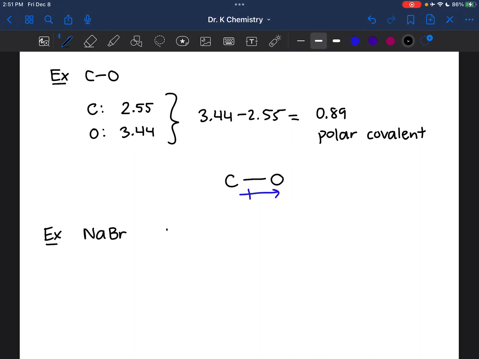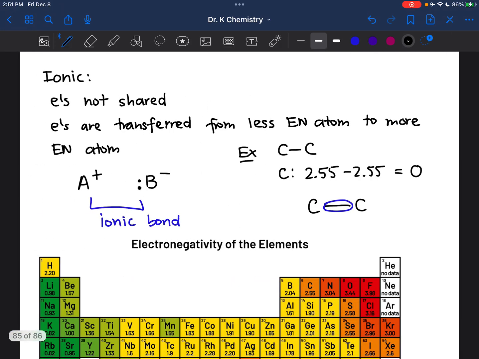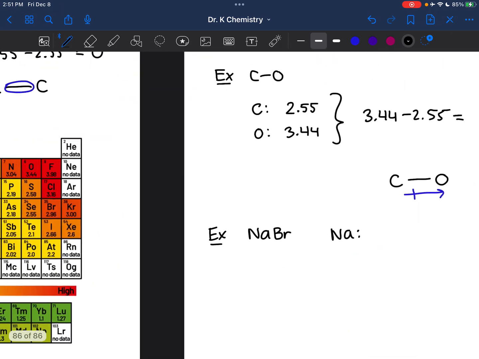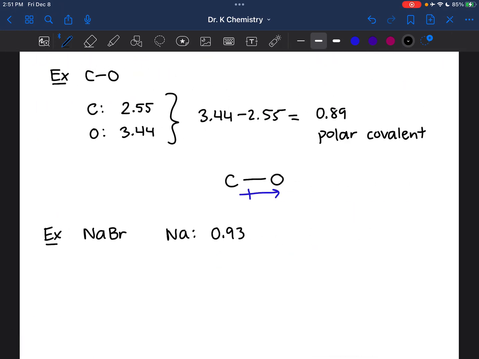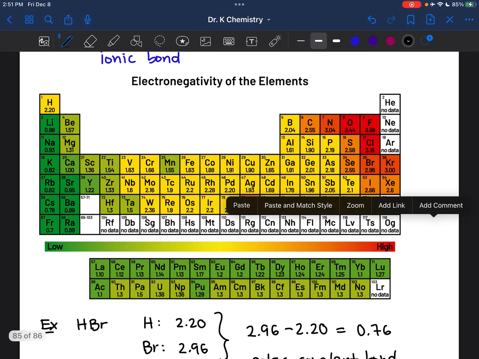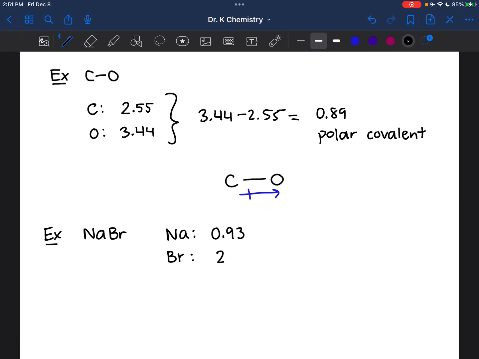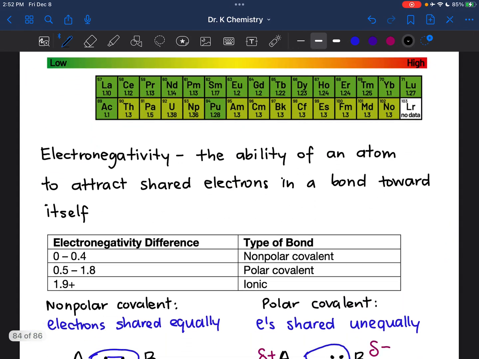Let's try NaBr. Na is sodium, and it has an electronegativity of 0.93. Br is bromine, and it has an electronegativity of 2.96. I'm going to subtract those two values. And I'm getting 2.03, which is really huge.